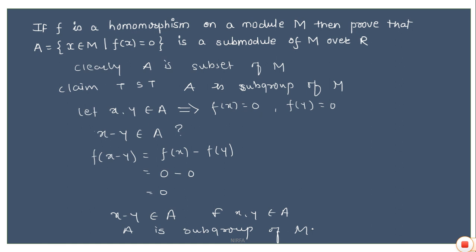Now the last condition is to show that A is a submodule, and for that take one element from A, and this implies f of x is equal to 0, and one element r from the ring. And now we show that this rx multiplication is also a member of A. Any element will become a member of A if that element has image 0 under the function f.